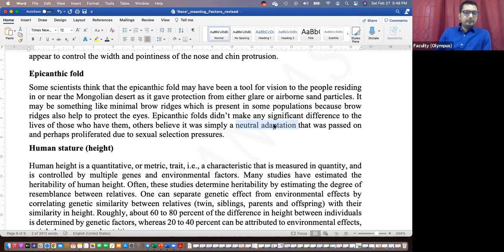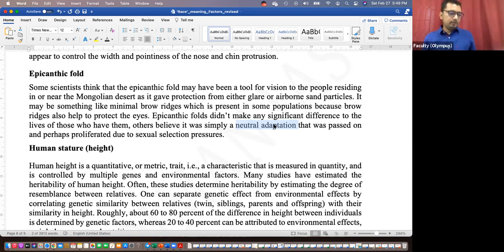We don't have a specific idea about genetic factors, but environmental protection seems to be playing a role or driving it. But does it mean that people who have these characteristics are at an advantage here? May not be. So many people feel that it's a neutral adaptation, not providing any specific benefit to us. Okay, like that.